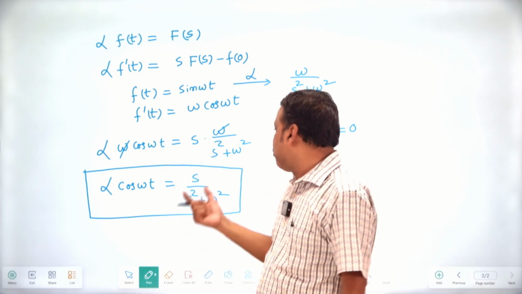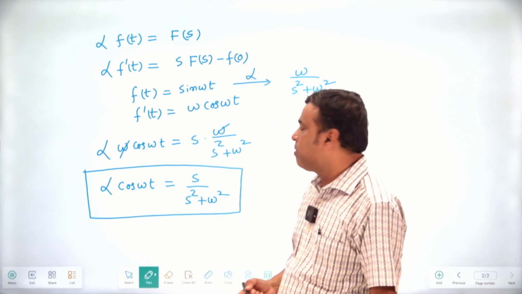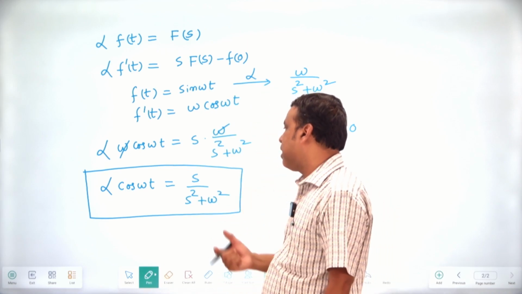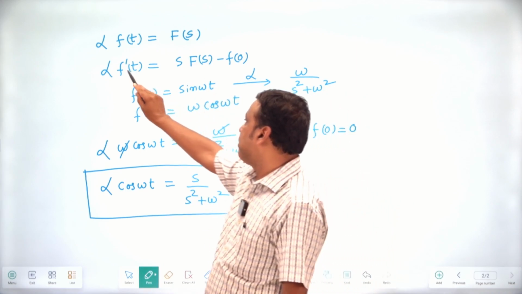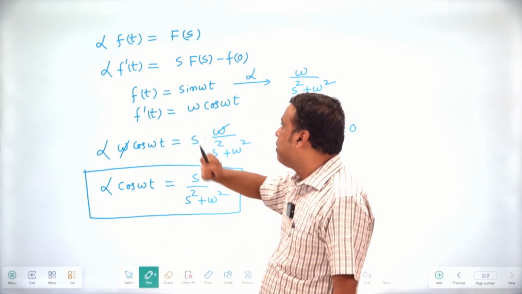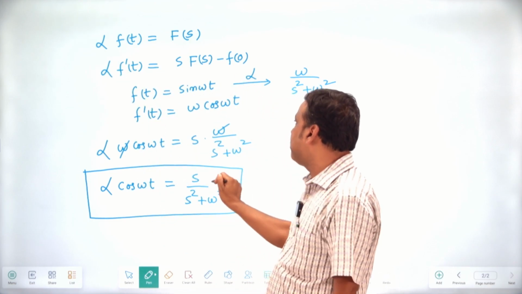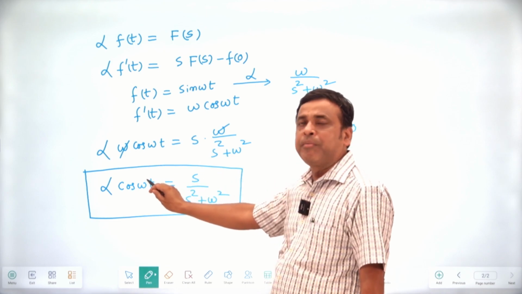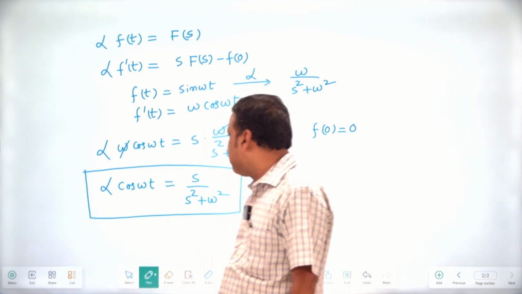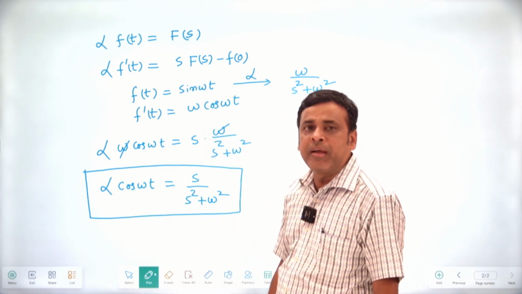If the question asks how to find the Laplace transform of sin omega t with the help of the derivative of a Laplace transform, the process is the same: the Laplace transform of f dash t is s F of s minus f of 0. If f of t is cos omega t, the derivative of the cos function is minus omega sin omega t.